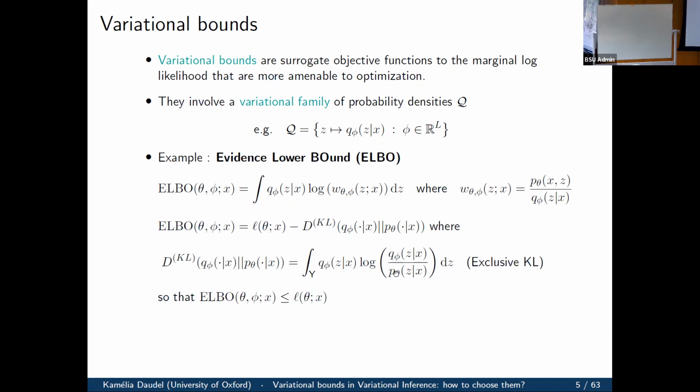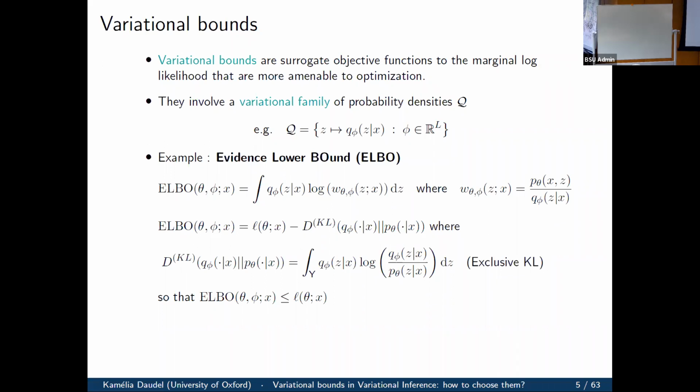This blows up, this is infinity. So you won't be able to have a Q phi that has a support bigger than that of the posterior density. It excludes those areas. Thanks for the question. It's an important one, especially when we play with variational bounds and divergences.